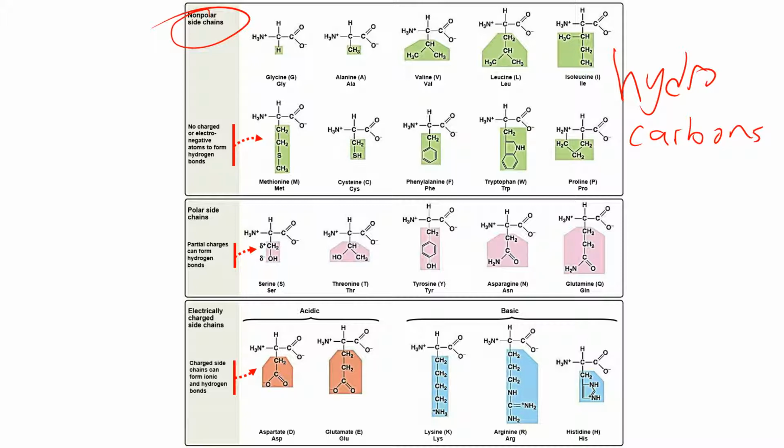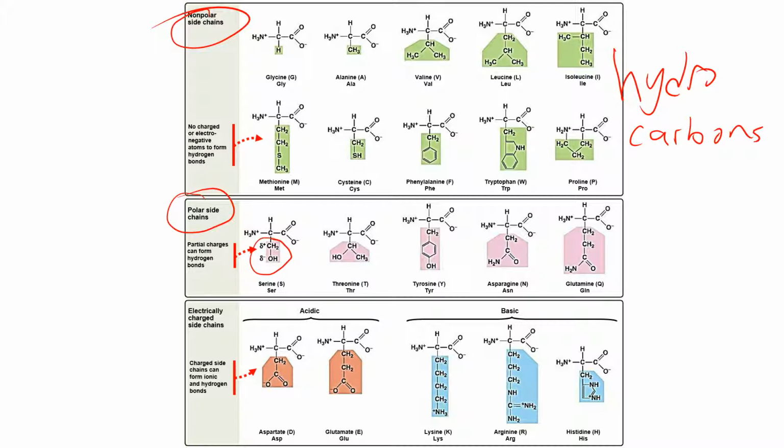Now, your polar amino acids. If you look at, for instance, serine, you have your carbon atom attached to an oxygen and a hydrogen. Well, that oxygen is highly electronegative, so you have a polar R group.